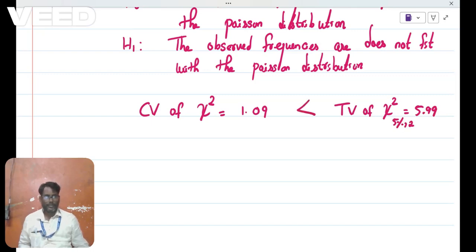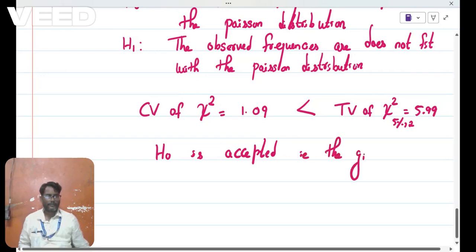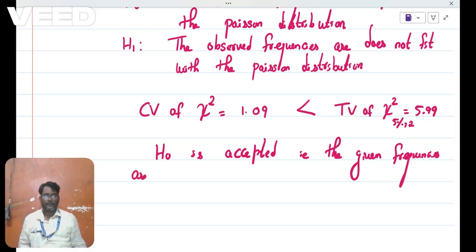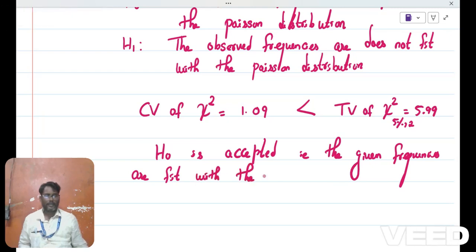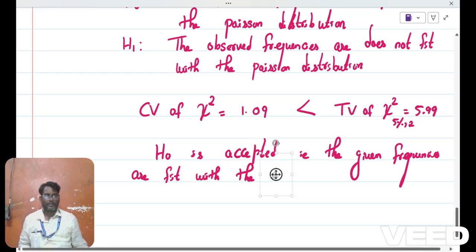So the calculated value is smaller, so H naught is accepted, that is, the given frequencies are fit with the Poisson distribution.